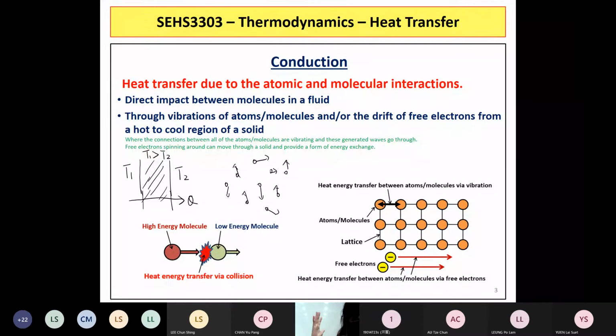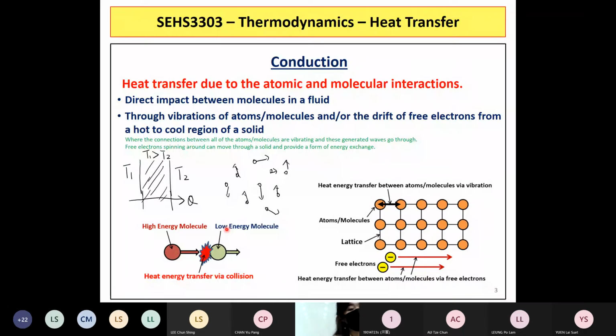They are all hitting into one another, colliding and exchanging momentum with each other during the conduction process. So the conduction inside a fluid is due to the collision of the molecules. Conduction, in essence, is the heat energy transfer via the collision between different molecules.